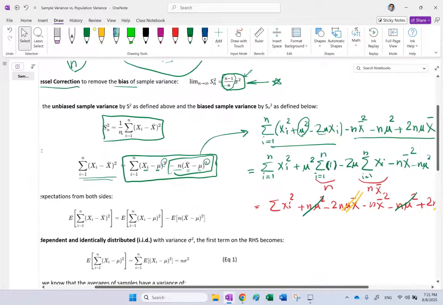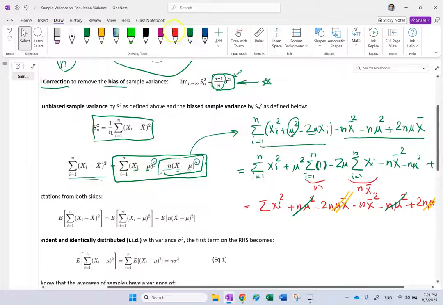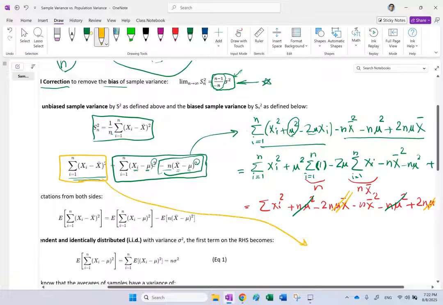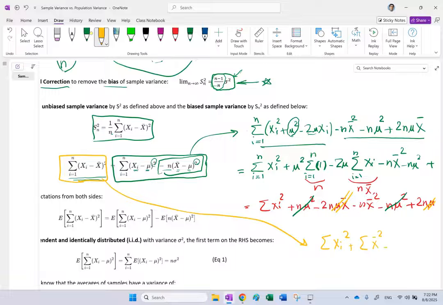Now what about the left-hand side? What happens to the left-hand side? Here, we're going to grab the left-hand side and expand it. If we do that, this is going to be the summation of xi squared plus the summation of x bar squared minus 2 times the summation of xi x bar.